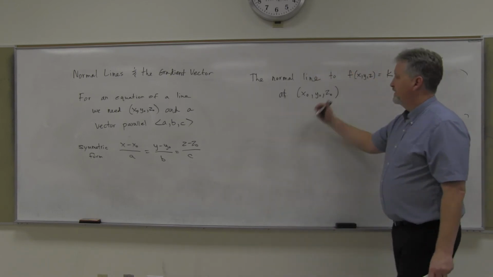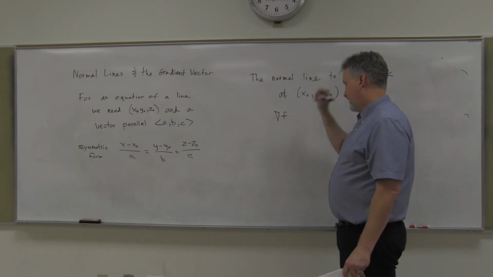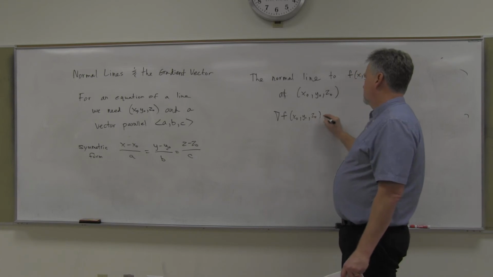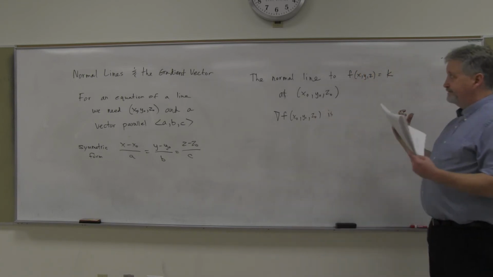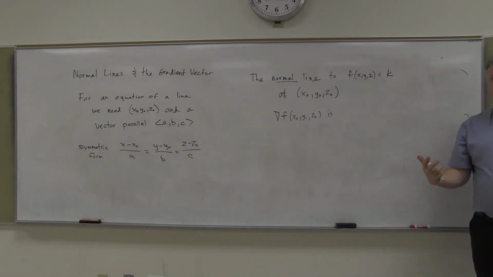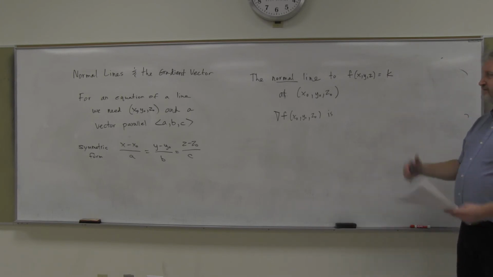Well, again, I know the gradient vector at x0, y0, z0 is, so the normal line is the line that's perpendicular at a particular point to our surface.